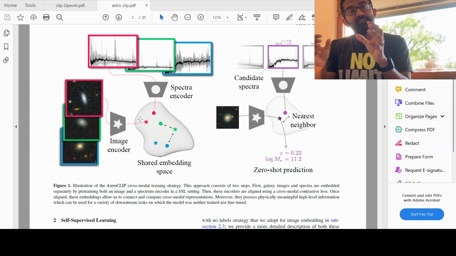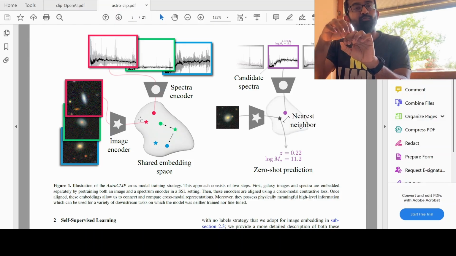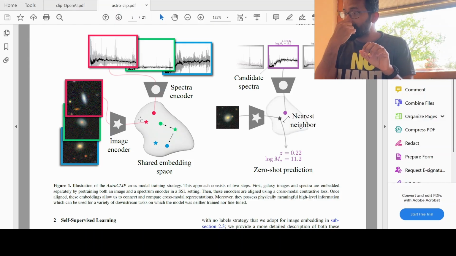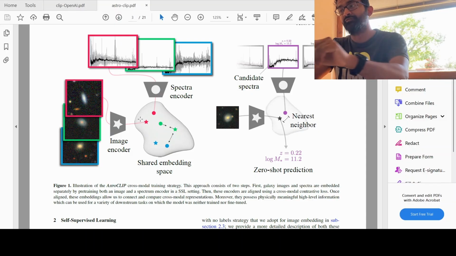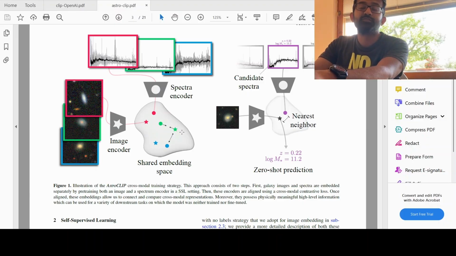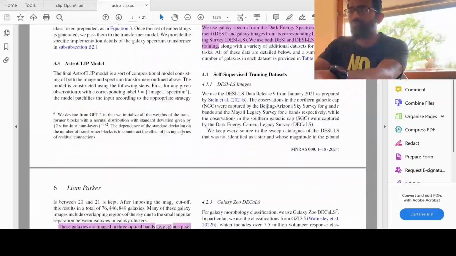During test time, I have only, let's say, the image. I pass the image and find the closest vector of this compressed image representation to some spectral vector. That helps me give an estimate of the spectroscopic redshift. They show that this works extremely well, and they make some very nice plots on this.